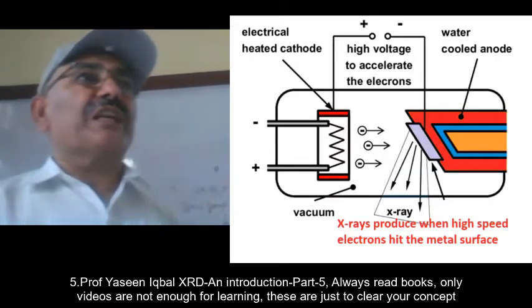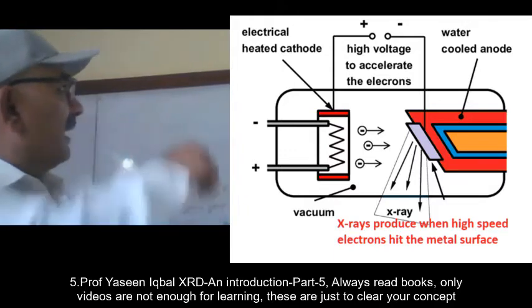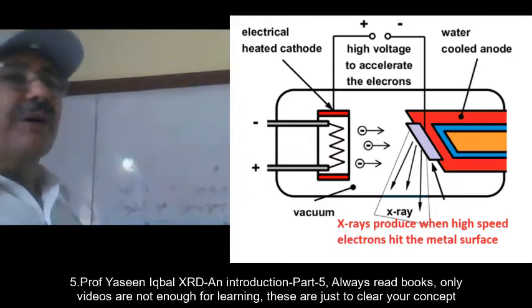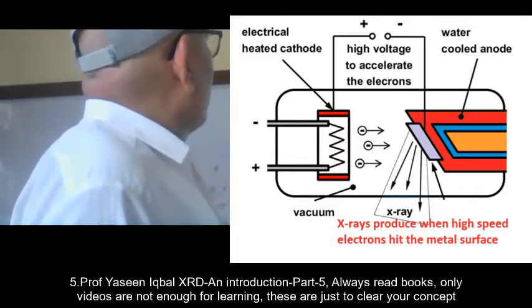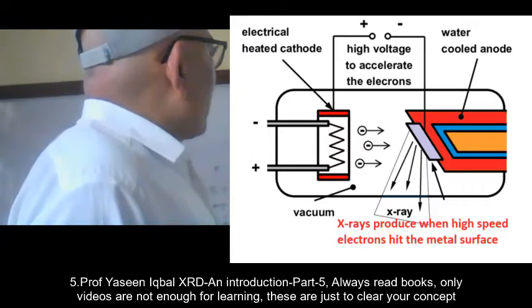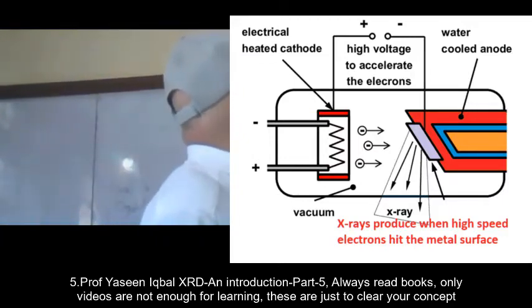I'm going sequentially. The X-ray tube is a vacuum. You electrically heat the filament, and it ejects electrons.